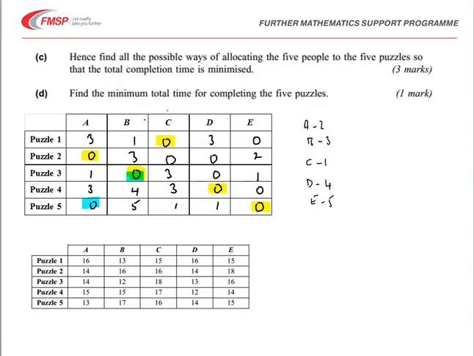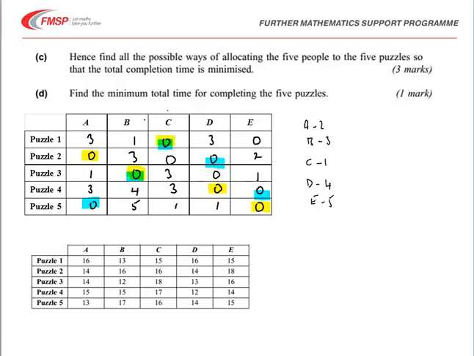C can stay doing 1, but then D must do 2, because we must therefore have 4 done by E. So there's one other version.